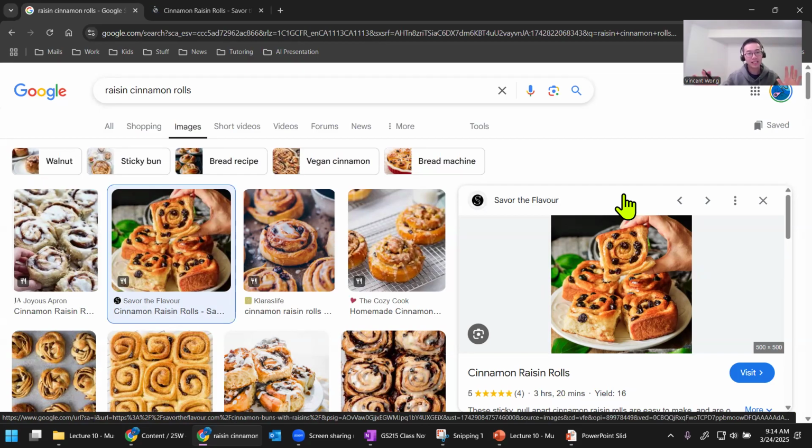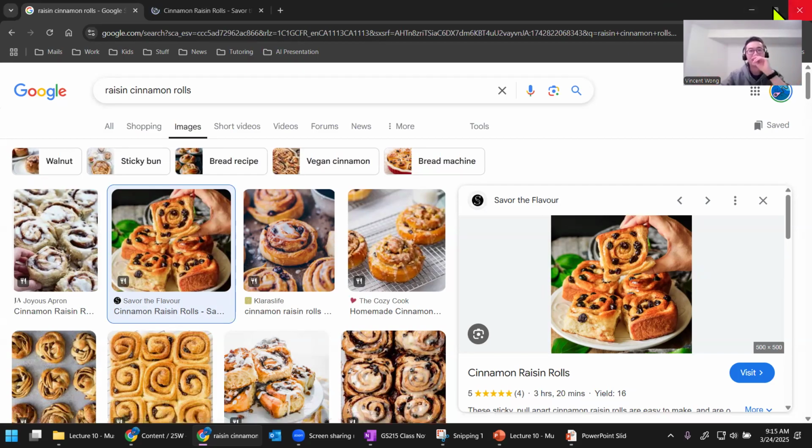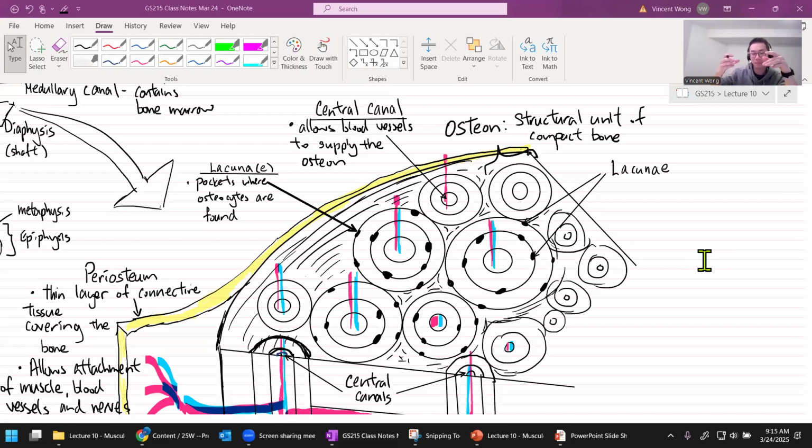Now think about this. If you're eating the actual bun portion of the cinnamon roll, the dough portion, that is made up of the flour and everything. In the same sense, when you think about the osteon, the dough portion, this other stuff that's made up of the calcium and phosphate, we have another name for those as well.